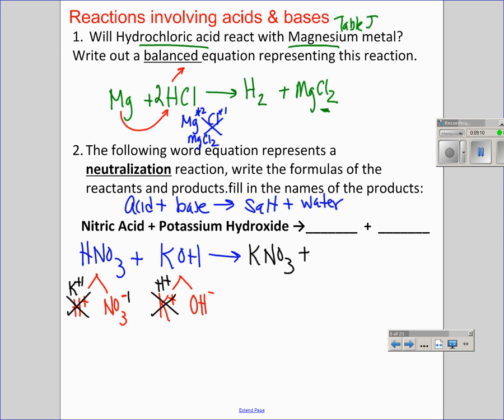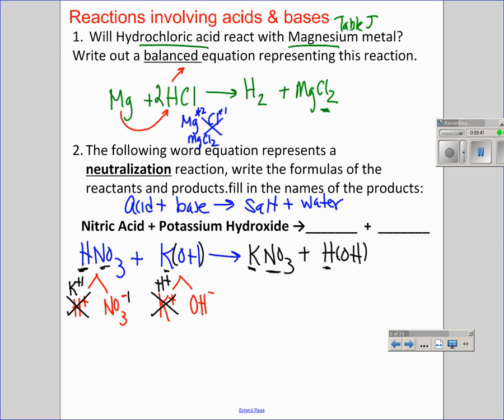We have H+ and OH-, so we have HOH or H2O. Now, I prefer to keep it as HOH when we're going to balance our equation, because if you notice, we have 1 OH on this side, and we also have 1 OH on the reactant side, so I know that's balanced. We have 1 other H, that's over on the reactant side. We have 1 K, and we have 1 NO3. So this is already balanced.